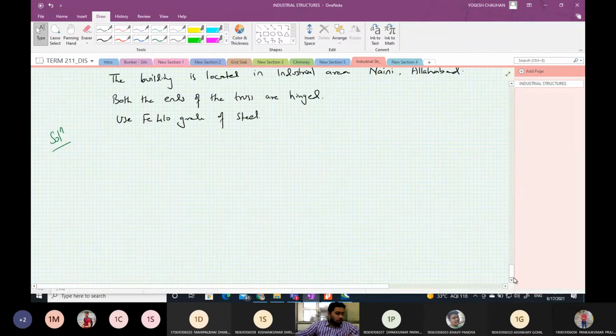So let us first see the truss configuration. You have been given a pin type truss.